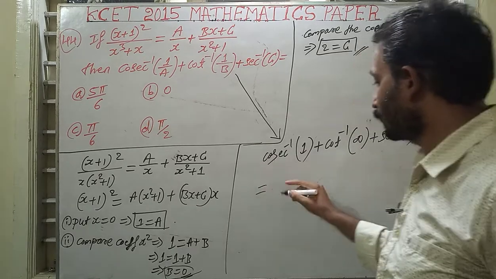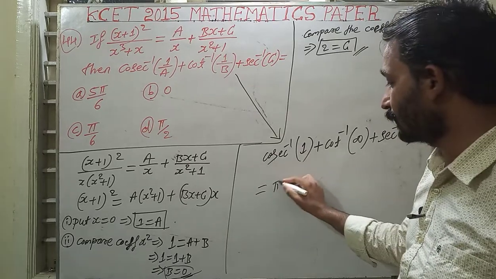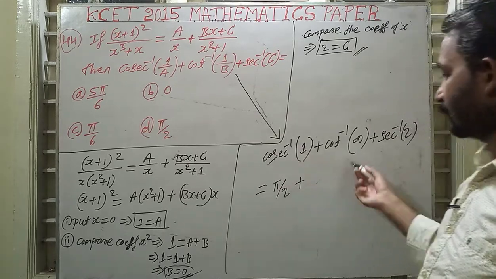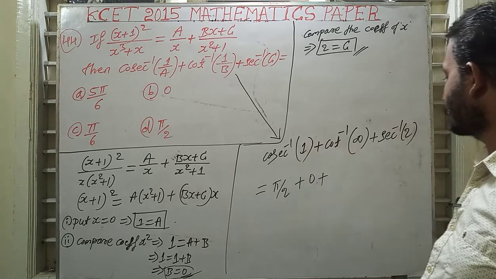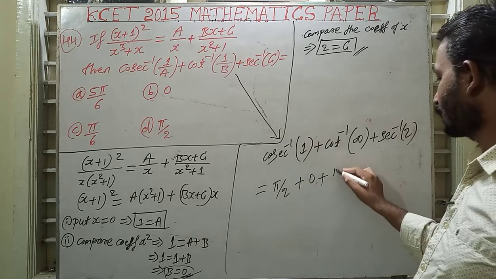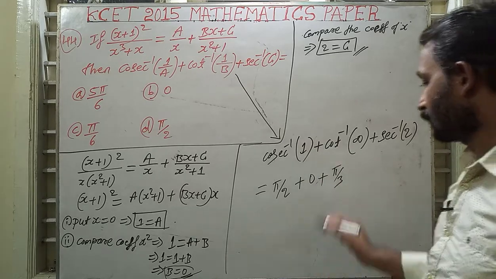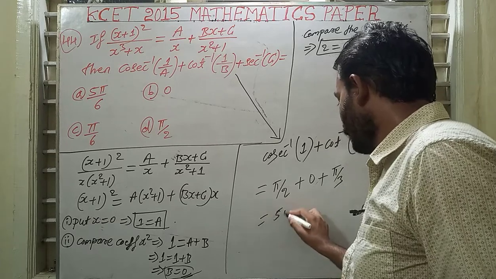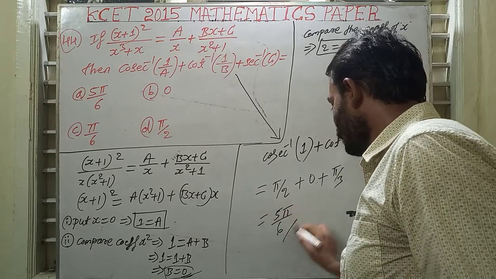So this is equal to cosecant inverse of 1, nothing but pi by 2, plus cot inverse of infinity 0, plus secant inverse of 2 is pi by 3, that is 60 degrees. Now simplify this, we get 5 pi by 6 is the answer.